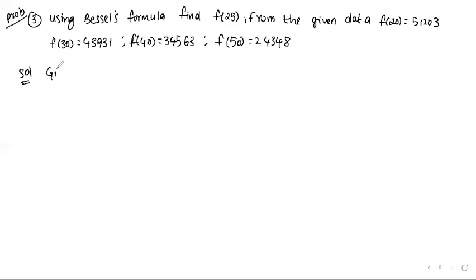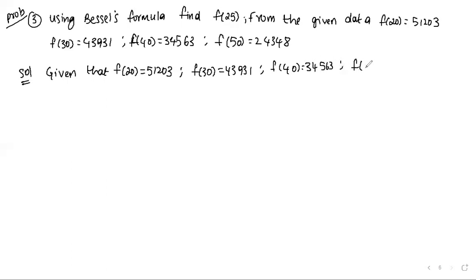Solution: given that f of 20 is equal to 51203, f of 30 is equal to 43931, f of 40 is equal to 34563, and f of 50 is equal to 24348. Now we have to find f of 25, so x is equal to 25.